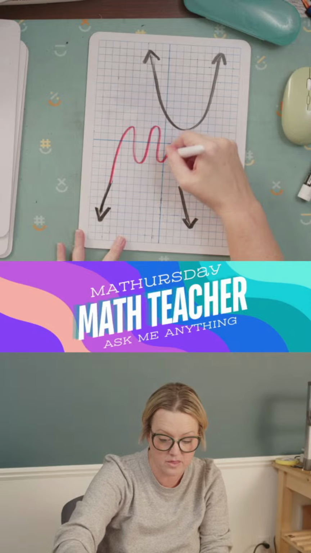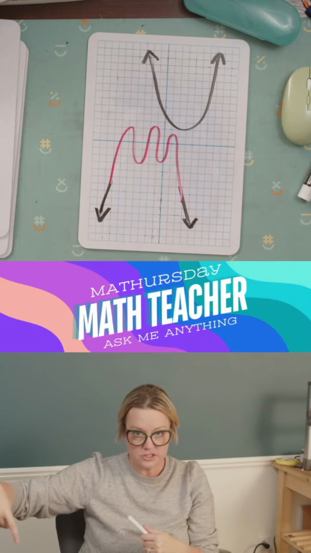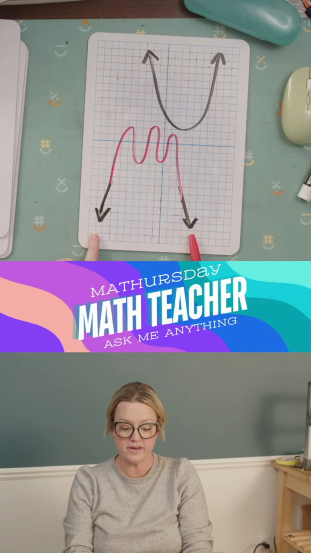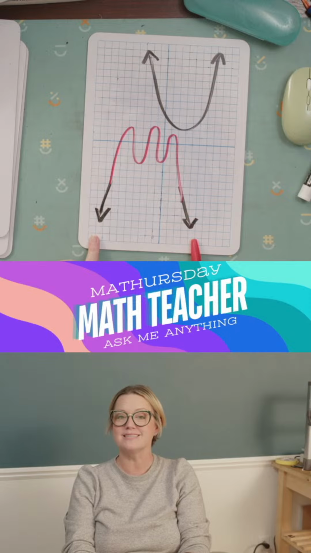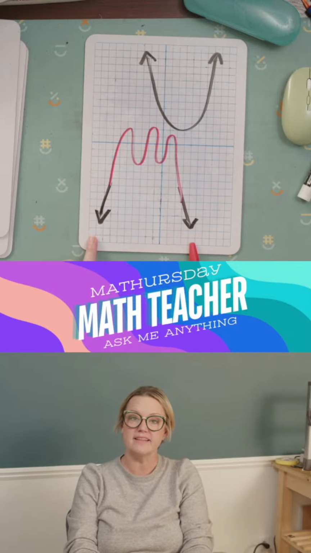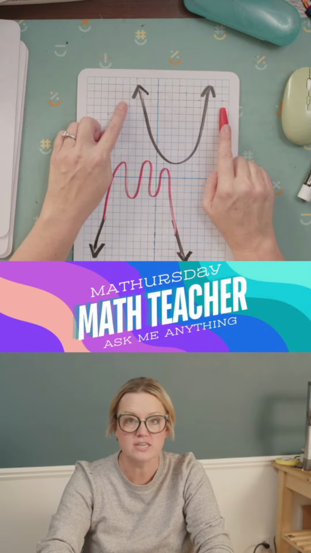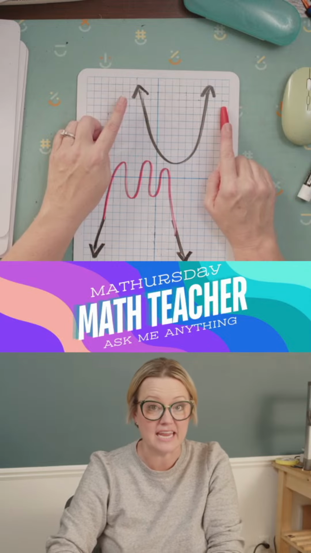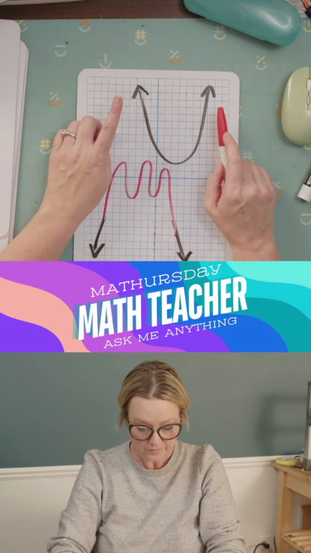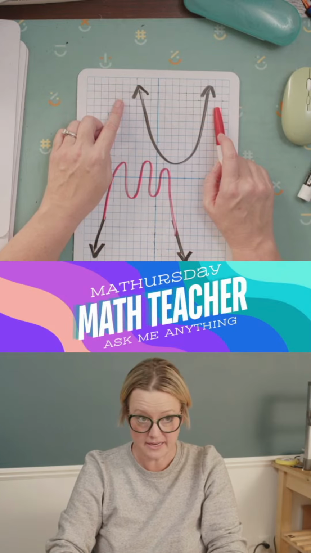It could have all of those little turns, but the end behavior is that they're pointed in the same direction because it's an even power, and it's pointing down because the leading coefficient is negative. Same thing here. They're pointing the same direction, so it's an even degree, and they're pointing up because the leading coefficient is positive.